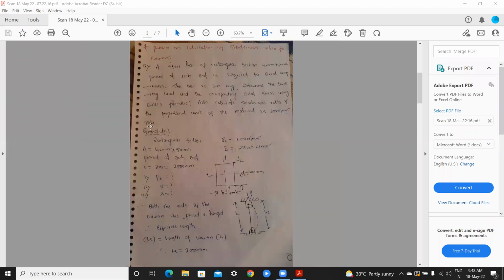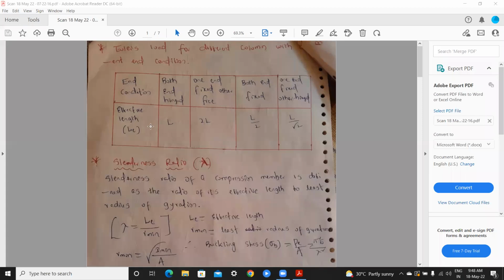So here, slenderness ratio. What does slenderness ratio mean? Slenderness ratio of a compression member. A column is always a compression member. There are short columns and long columns. Slenderness ratio of a compression member is defined as the ratio of its effective length to its least radius of gyration.